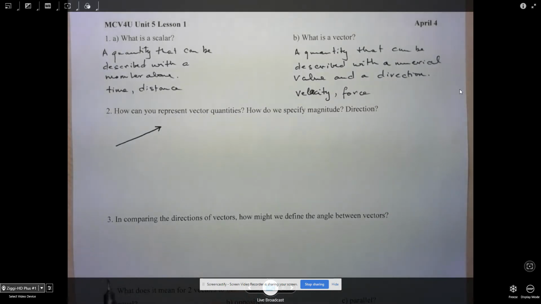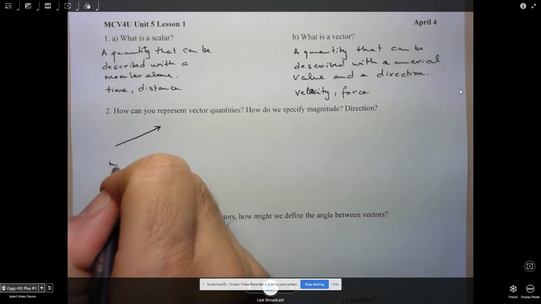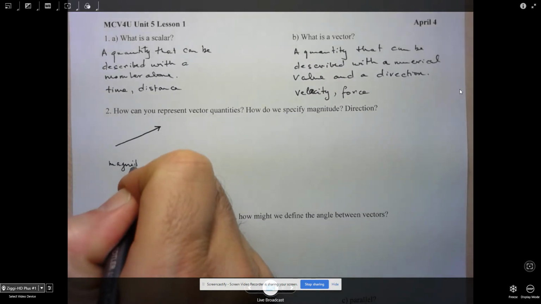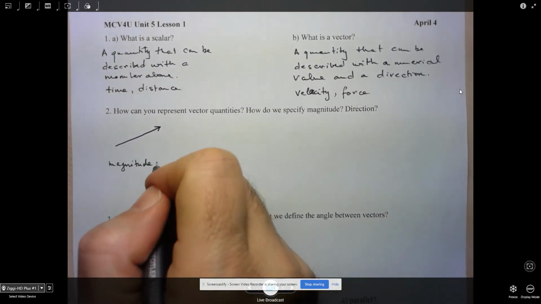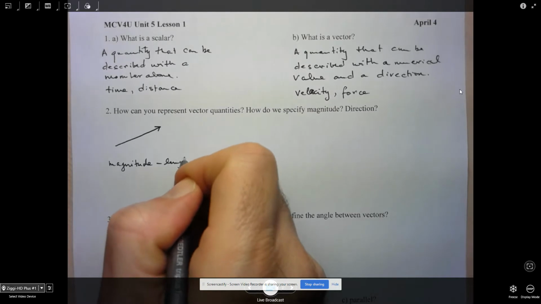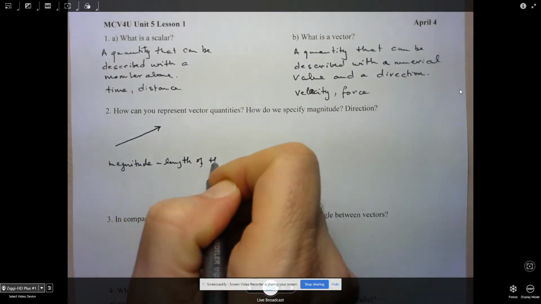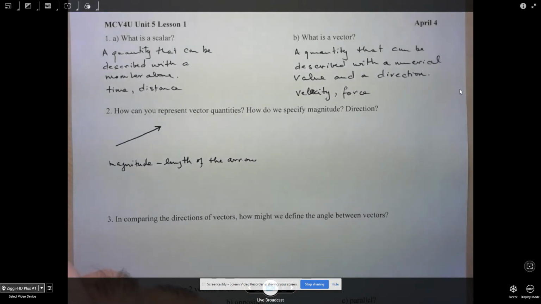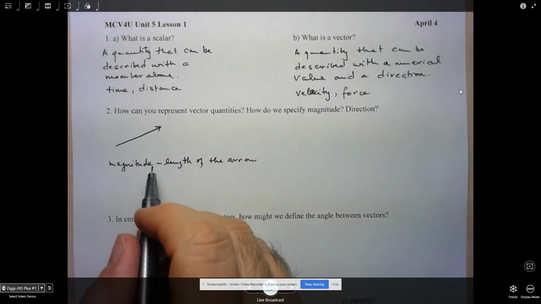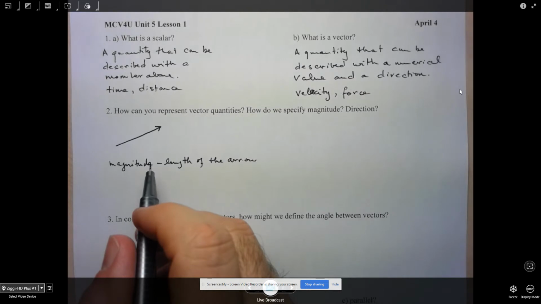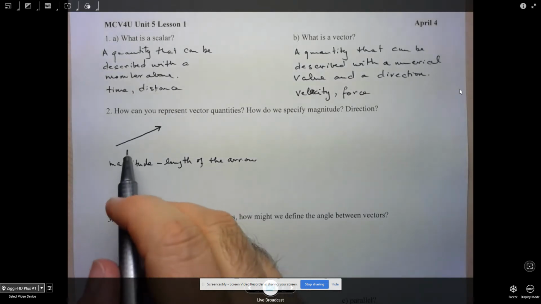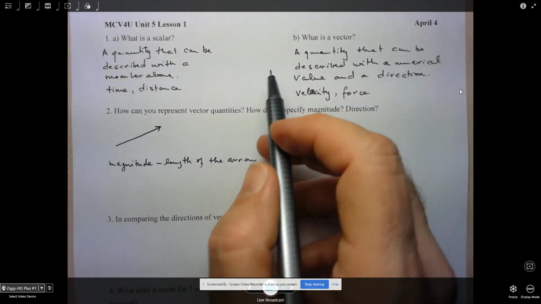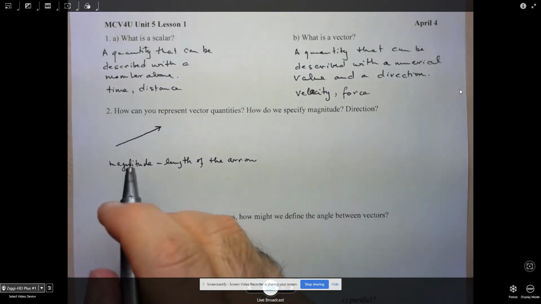So what represents the magnitude? That's just going to be the length of the arrow. Now, what if I want to represent 200 newtons? Does that mean I have to have an arrow that's 200 units long, say centimeters or even millimeters?